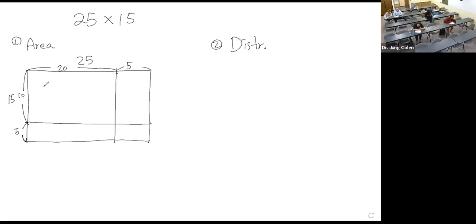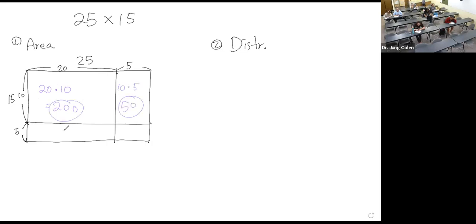What's the area here? 20 times 10, which is 200. Okay, how about here? 10 times 5, 50.